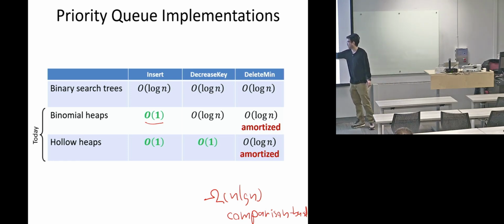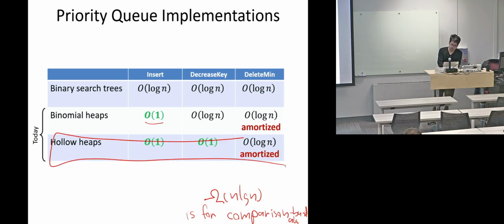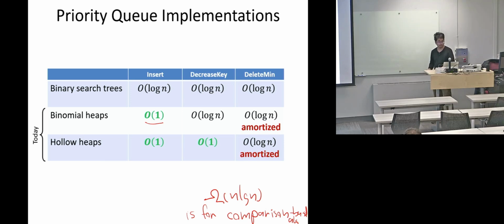So that's why you cannot improve upon this. The lower bound is for comparison based algorithms. So this is really kind of optimal. You cannot hope to improve upon this, and we will see how to do it today.